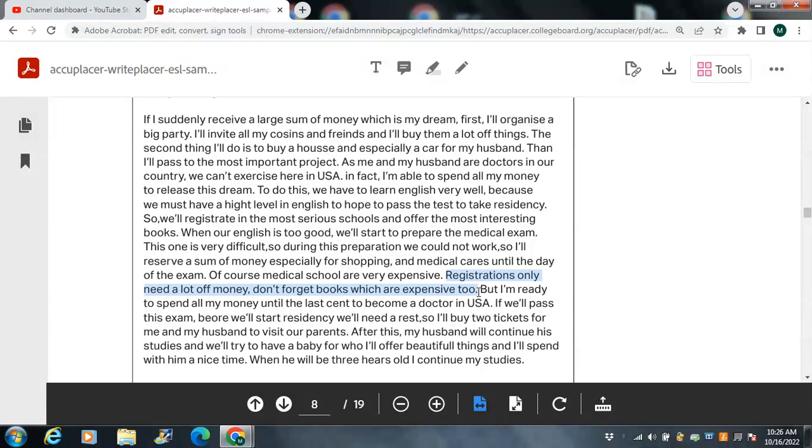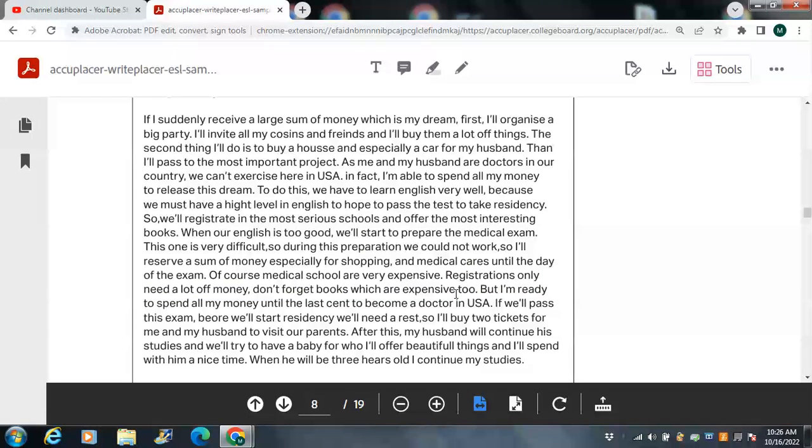So basically, what they're saying is, registering for classes requires a lot of money or a lot of funds. And then do not forget books, which are expensive too. You would want to have a comma here after expensive.